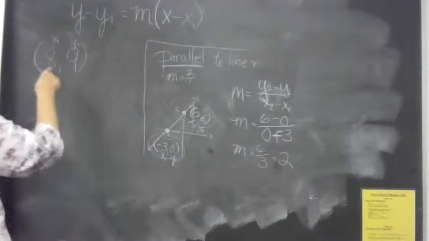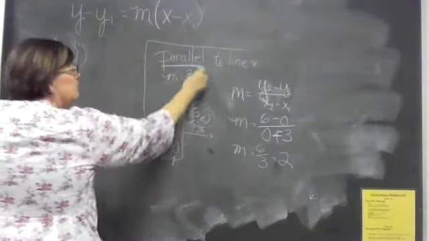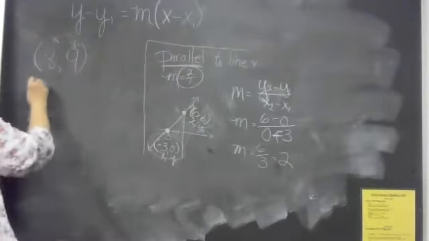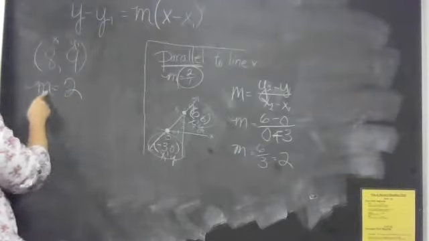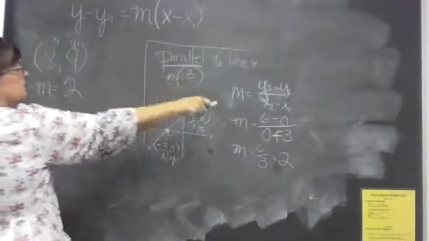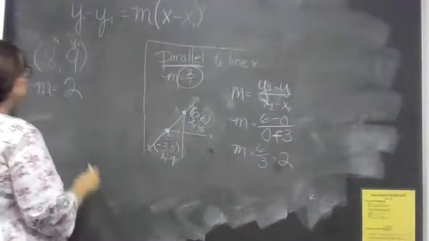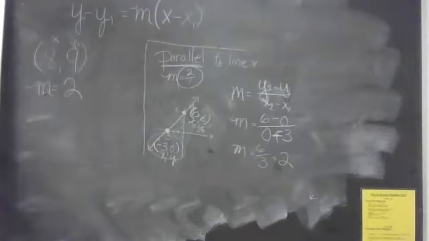So if I want this line to be parallel to this line, I have to use the same slope. So I'm going to use the slope equals 2. I'm going to use the same slope as this line. Now I don't need any of this anymore. I just need this to find the equation of a line like we've been doing all along.